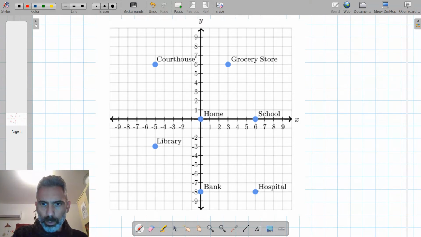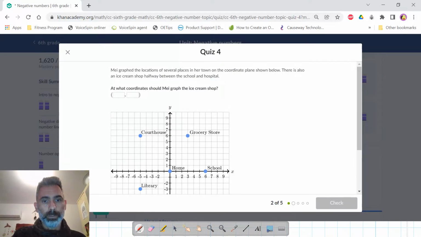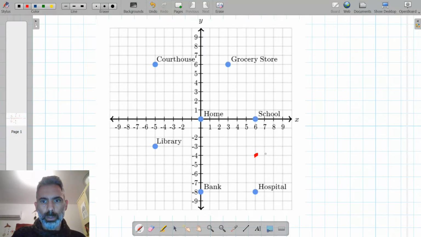Halfway between the school and the hospital, the school is on the y-axis, y 0, and this is y -8, so y -4 is halfway between the school and the hospital, so it's x 6, y -4. Let's make sure.